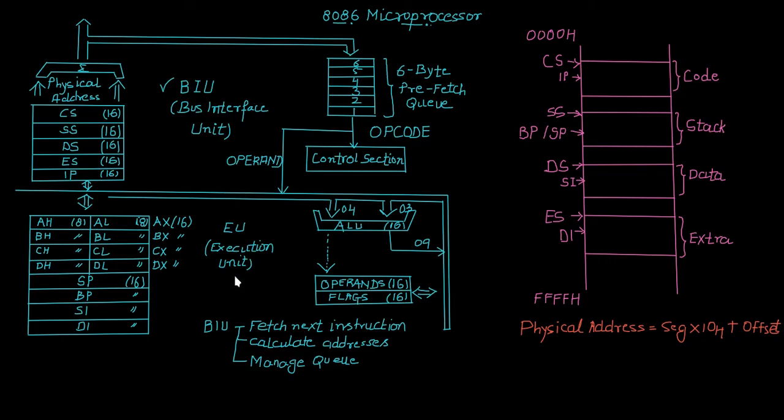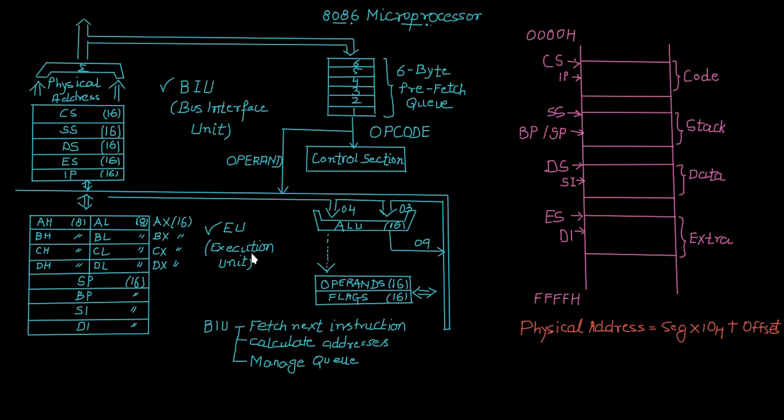The second unit is the EU, which stands for the execution unit. The main reason we have divided this microprocessor into two units is a concept known as pipelining or parallel processing.